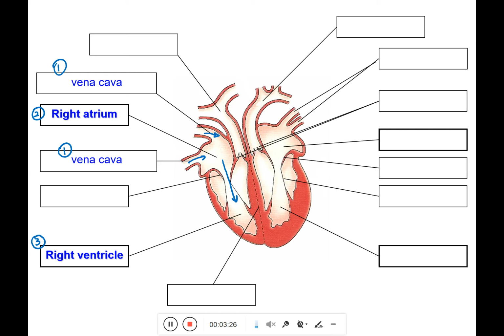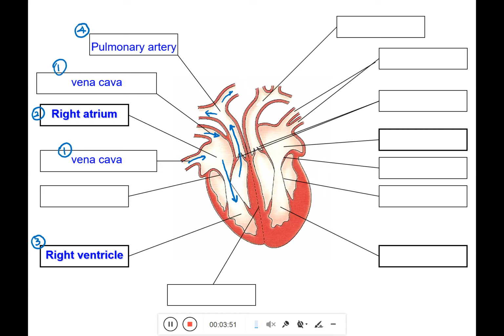The ventricle would then contract and pump the blood out of the heart through the vessel here, called pulmonary artery, pumping the blood towards the lungs.